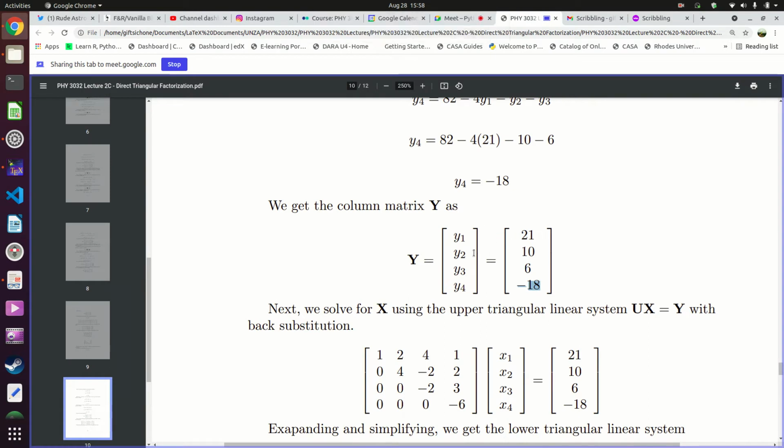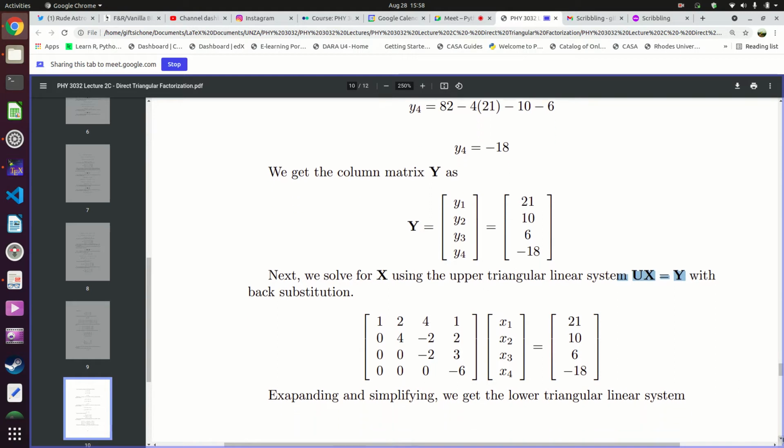Yes. So this is what you have obtained for y. Using what you have obtained for y, we're going to work out Ux equals y, using the upper triangular matrix, then the x and the y, so we write this product here. So we're going to end up with the following.